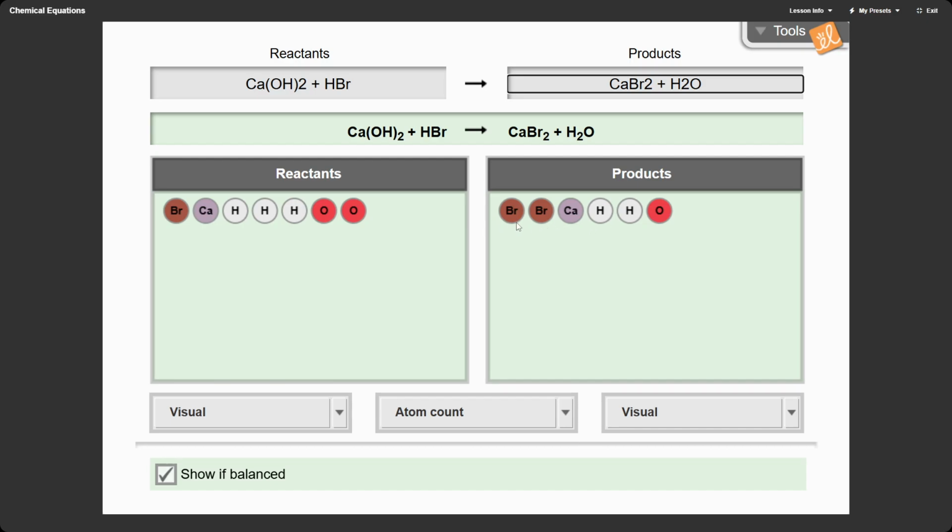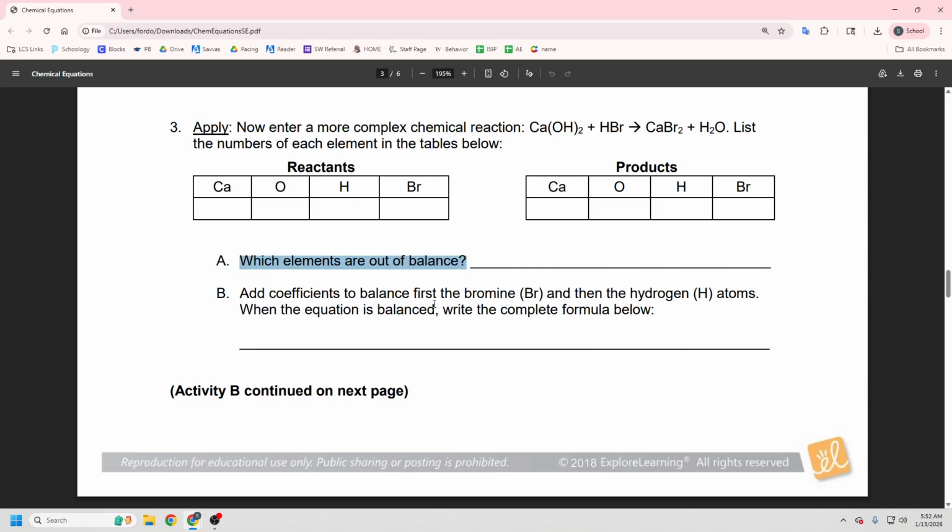Which one of those are not balanced? Write them, just the chemical symbols there. Add coefficients to balance first the bromine, then the hydrogen atoms. When the equation is balanced, write the complete formula below.